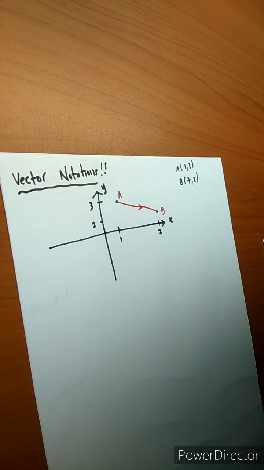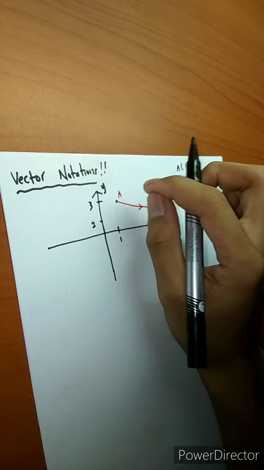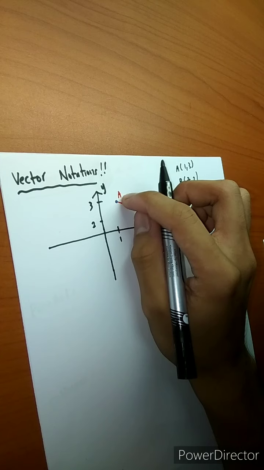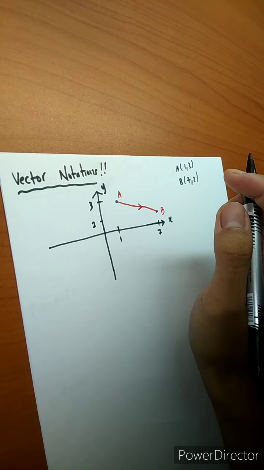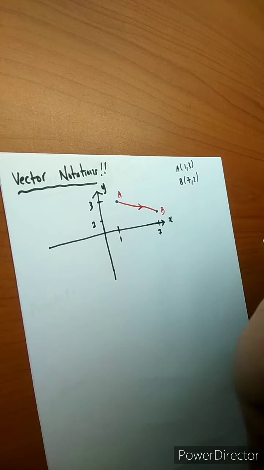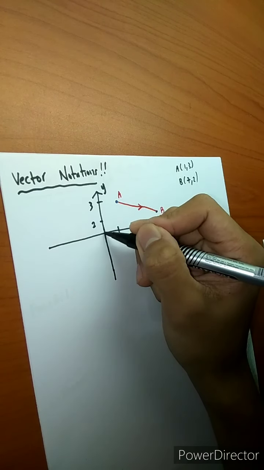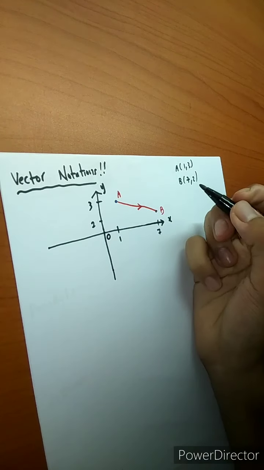One thing you need to know is that this A is not an ordinary point. We can call point A a position vector. I think you do not learn it in your syllabus, but maybe this is an extra for you. A position vector has a reference point from the origin.